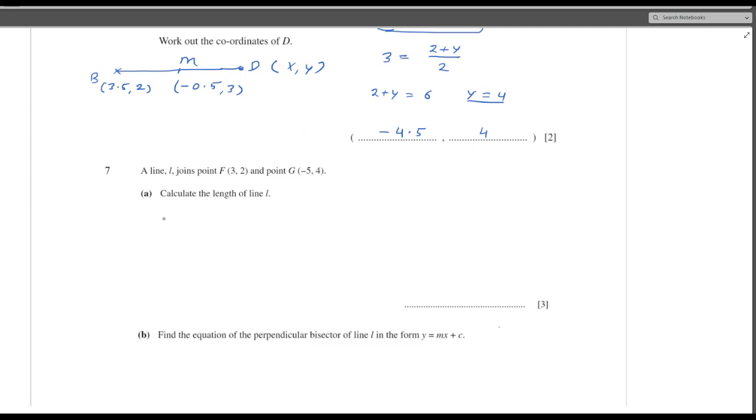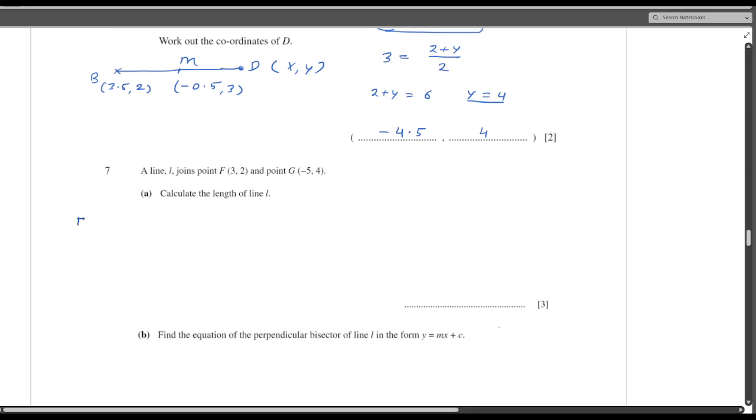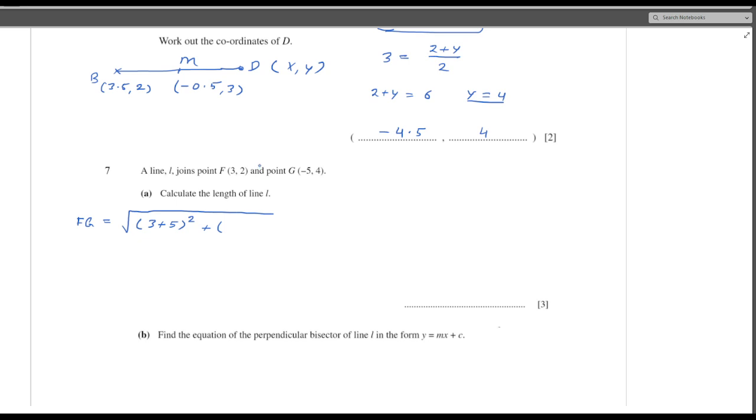Okay, so first, the length FG will be equal to the square root of, you will write the difference of the x coordinates, which is 3 plus 5, the whole square, plus the difference of the y coordinates. Any point you can consider as x1 y1, the other as x2 y2. So I consider minus 5, 4 as x1 y1 and 3, 2 as x2 y2.